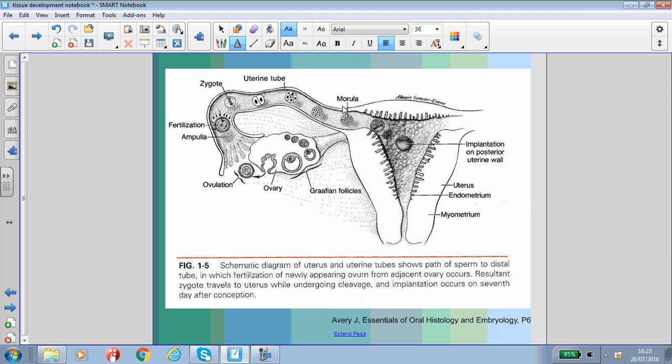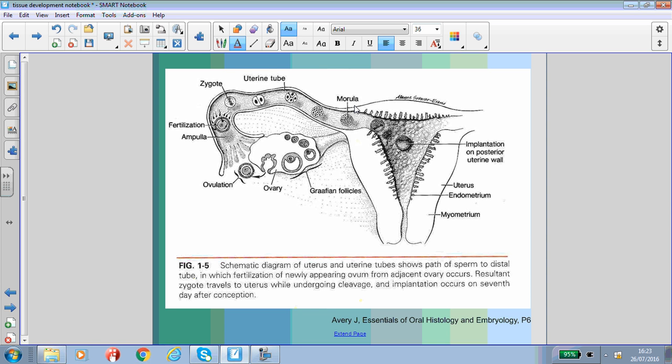It's mitotic division, so each cell is dividing to form 2 identical cells, and it happens about every 20 hours. So every 20 hours you've got double the amount of cells that you had previously, hence 2, 4, 8, 16, and so on and so on. The cells themselves are referred to as blastomeres.